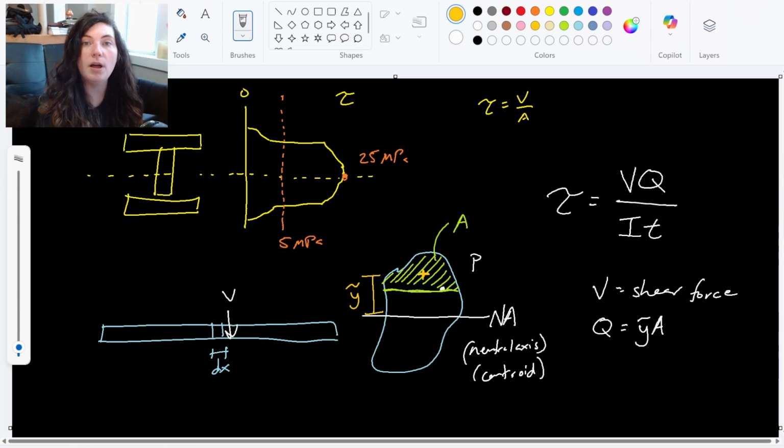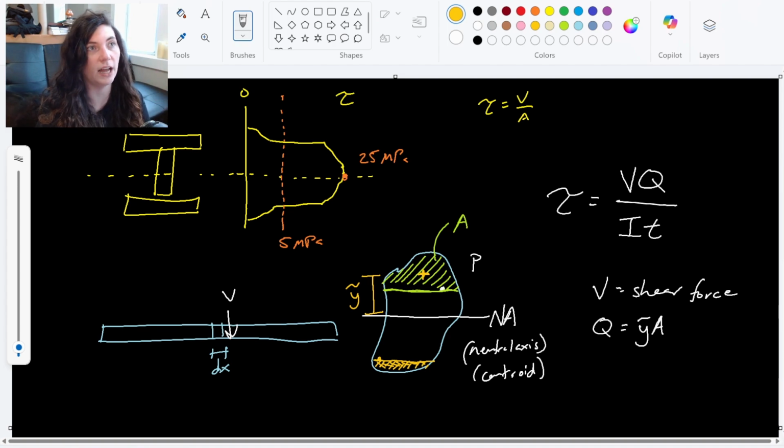It could be above or below the neutral axis, but you're doing whichever one is farther out from the neutral axis. So if our point were down here, then our area of interest would be this area down here. So it's always the area away from our neutral axis, where the greatest value of Q that we could have would actually be at the neutral axis.